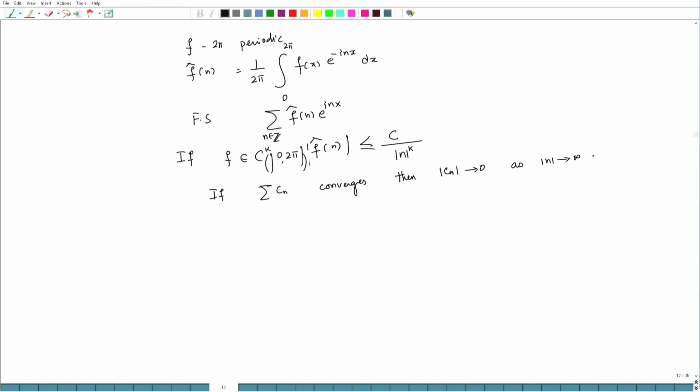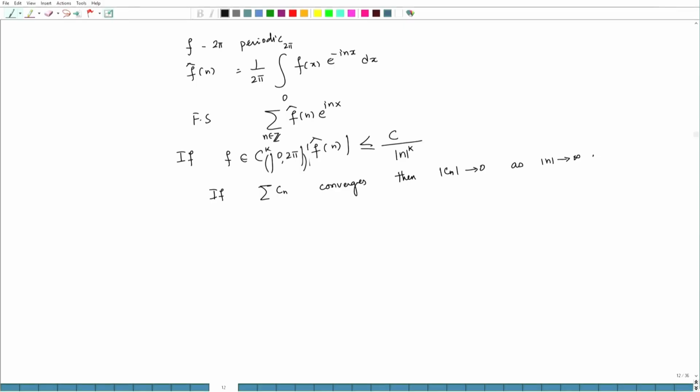it makes sense to ask, if c n is f hat of n e to the power i n x, then mod c n is mod f hat of n. Does mod f hat of n converge to 0 as mod n goes to infinity? What we have seen, easily by triangle inequality, is that this is less or equal to some constant which depends on f.